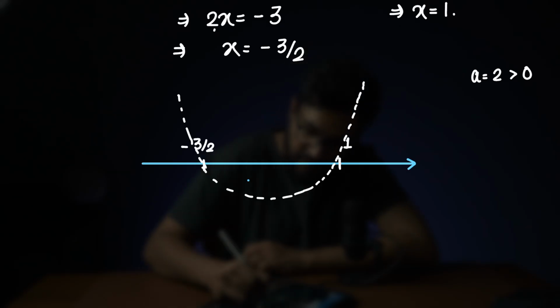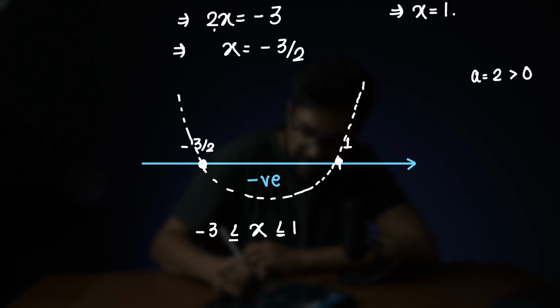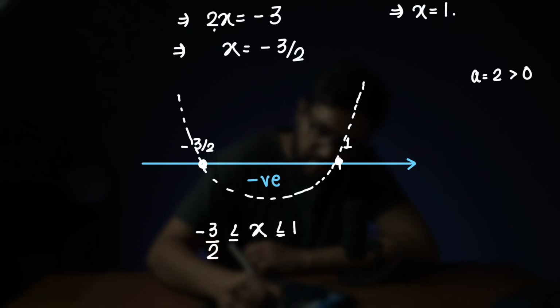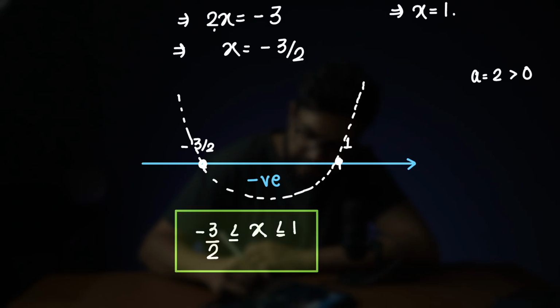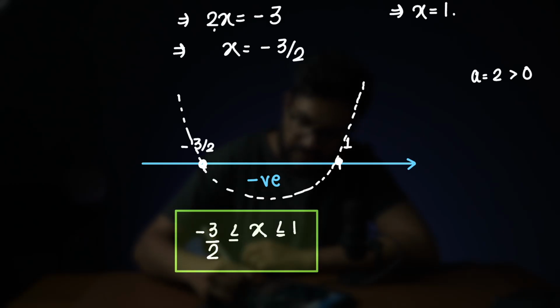It's negative or 0. I know that between the roots, the parabola is going to be negative. So my solution is going to be x is less than or equal to 1, greater than or equal to minus 3 by 2. Do not ignore the equal sign in this case.